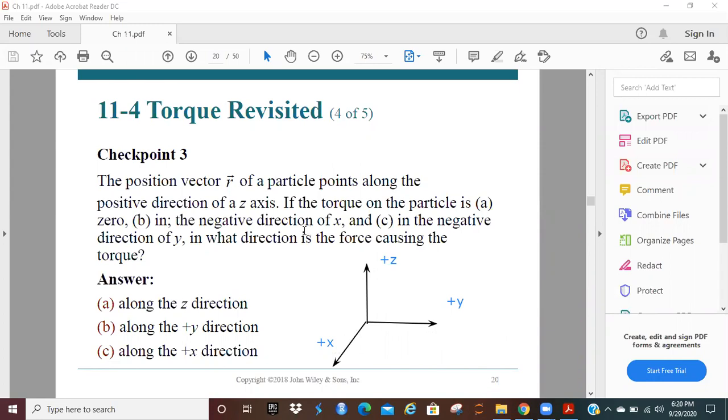If the torque, well, let's go back to this. Position vector R of a particle points along the positive direction of the z-axis. So we're going to say that's pointing up. So R goes up that way.